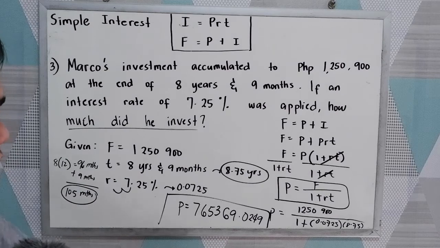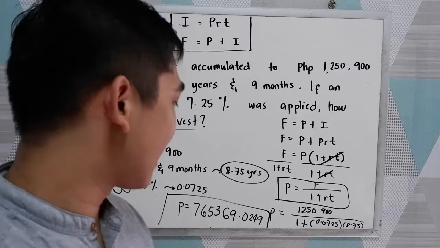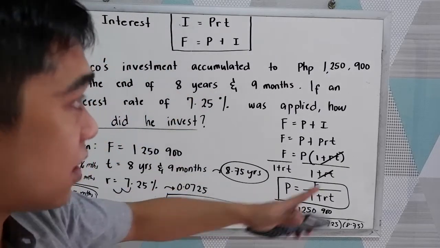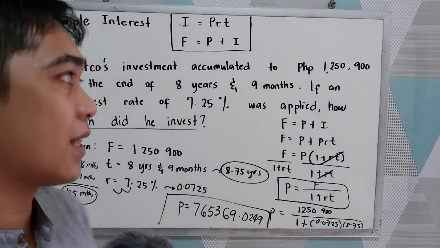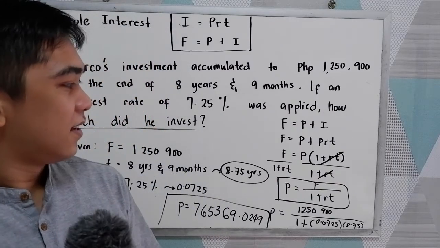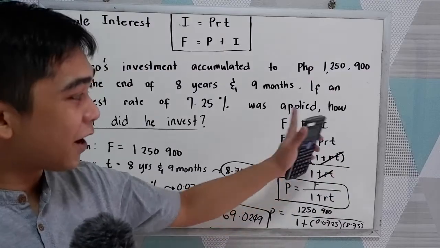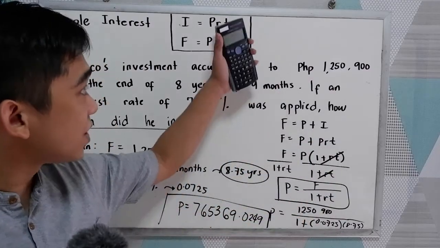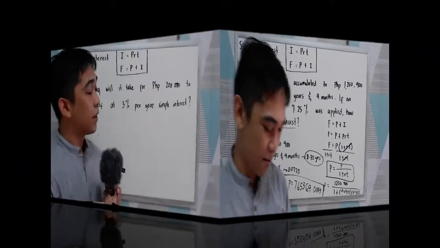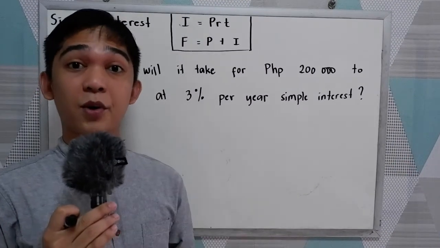It's okay. So 765,369. That is the principal. So after 8 years and 9 months, it will become 1,250,900. Of course, to find P, we need to derive using our formulas. Now let us proceed to problem number 4.